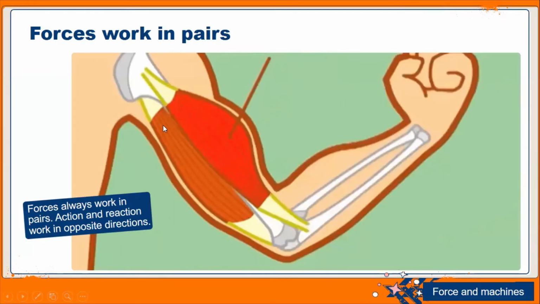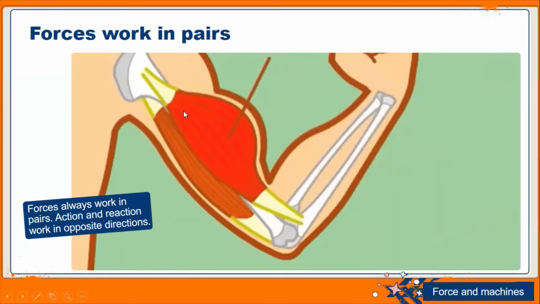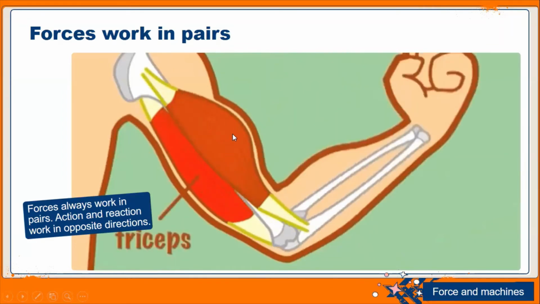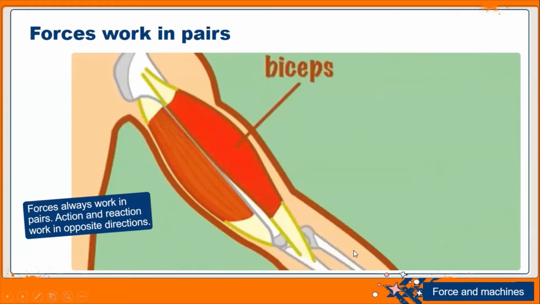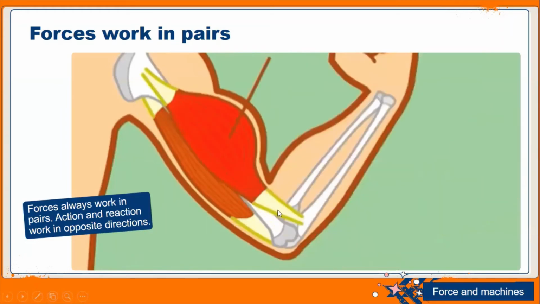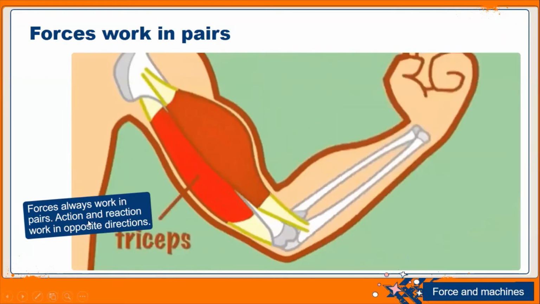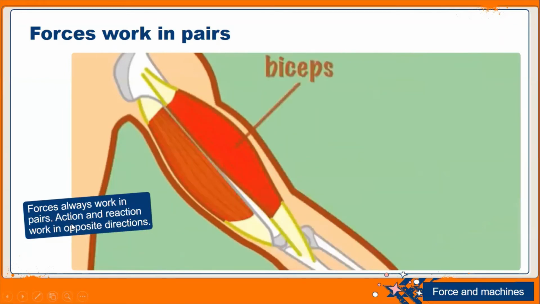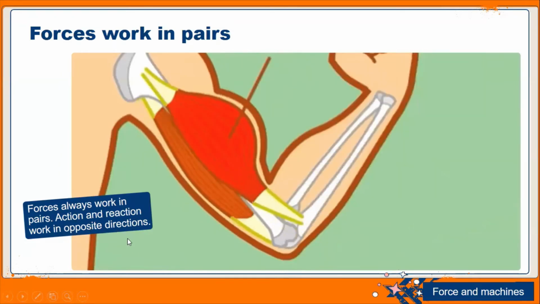Similarly, muscles also work in pairs. When one muscle contracts, the other relaxes. With the help of these muscles, we can move our arms and legs easily. So force always works in pairs. Action and reaction work in opposite directions.